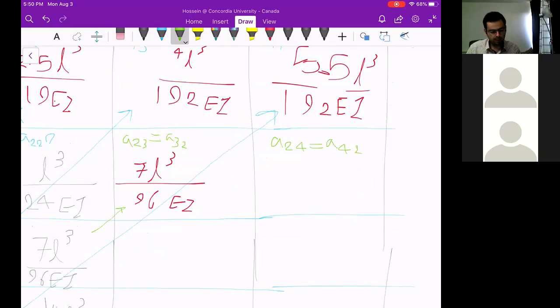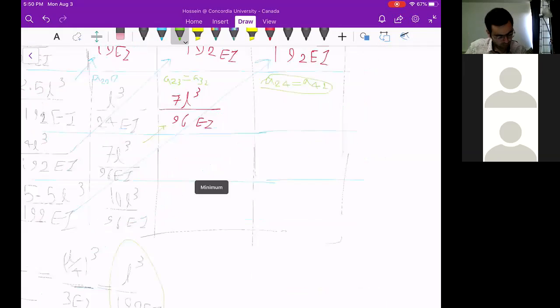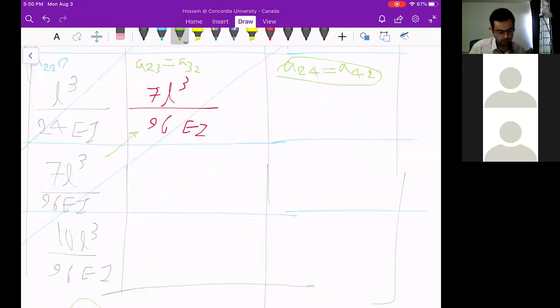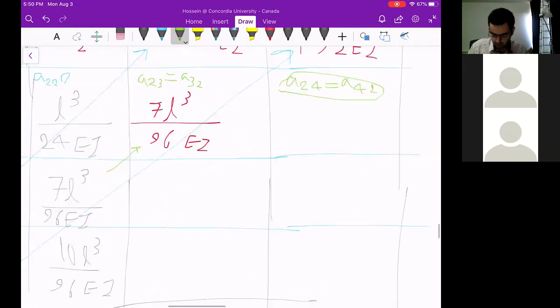It is better to write this in the lower part of the matrix because it becomes very crowded here. So this is going to go here. This will go here. 10 L cube over 96 EI. I just wrote it here because it's difficult to go up and down.